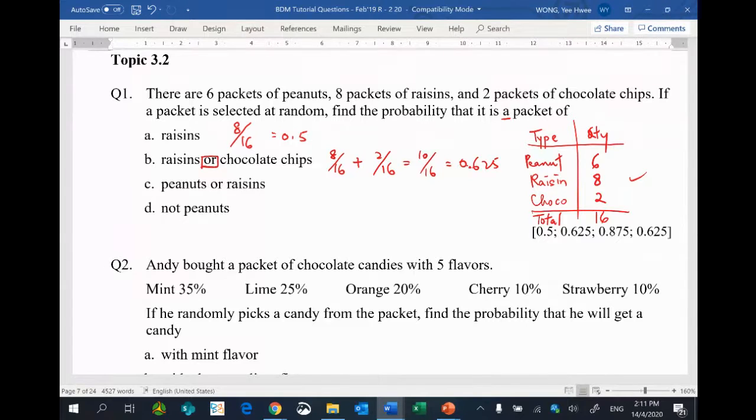Yeah, the answer is right below here. Then the next question, peanuts or raisins. You get another magic word here. How many peanuts you have? Peanut 6. Raisins 8. You get 14.